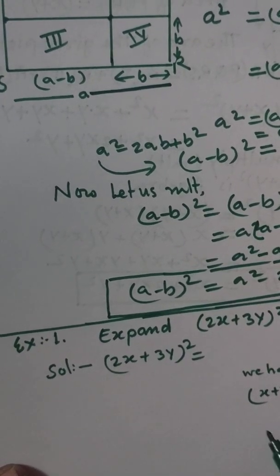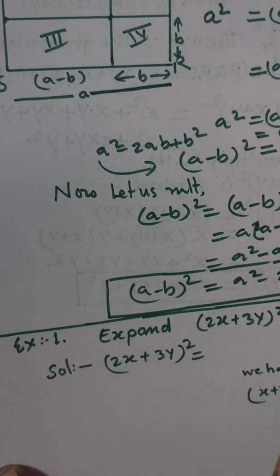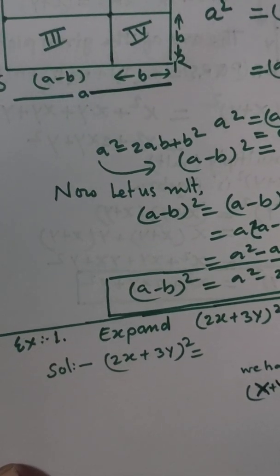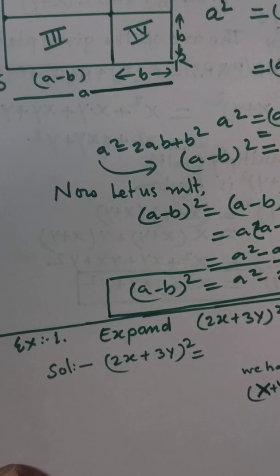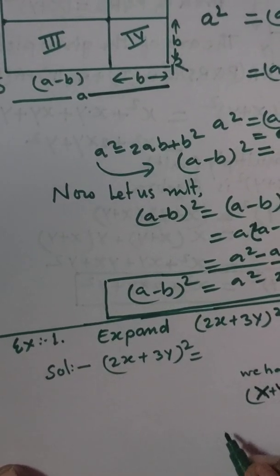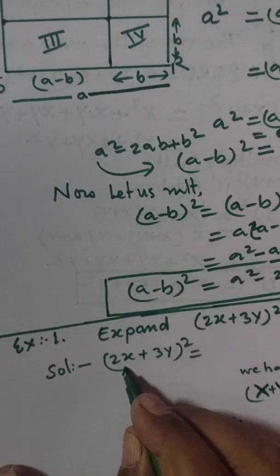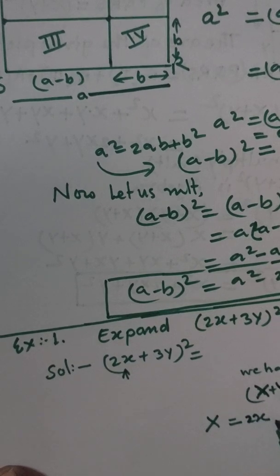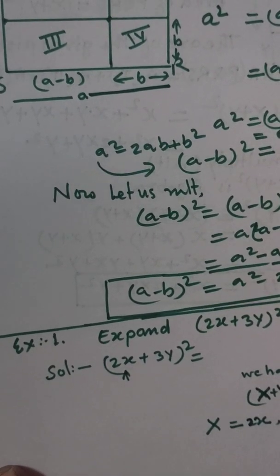In this problem, what are you seeing? Let us write this as capital, therefore you understand clearly this is capital. Then capital X, what is here? In this problem capital X is 2x and capital Y is equal to 3y.